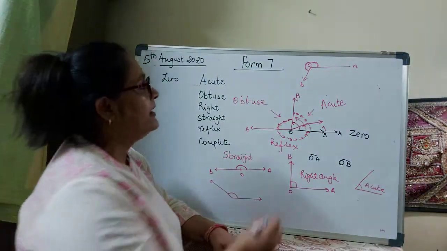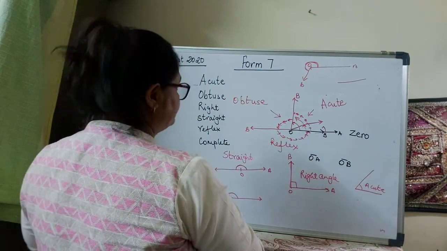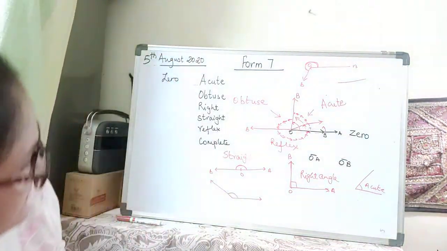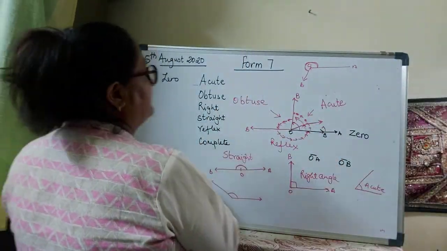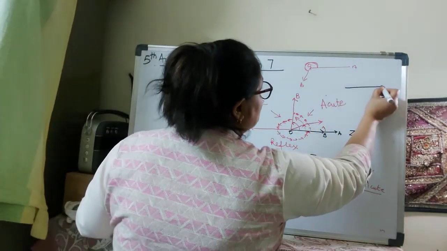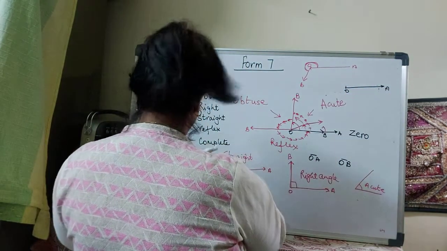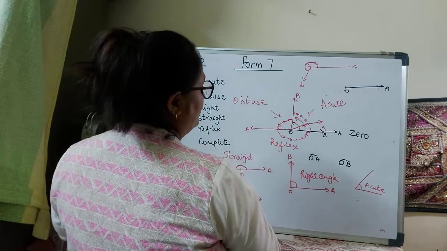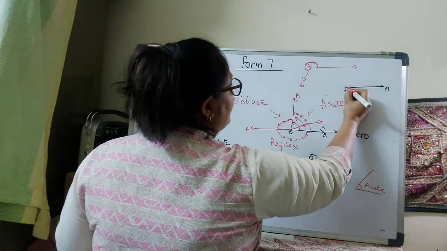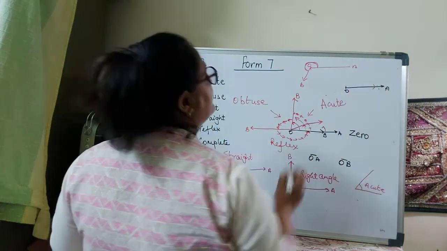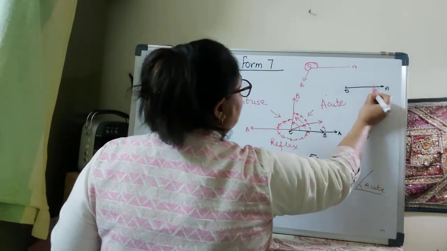Okay? When finally the angle, we had, let me just rub it off a bit. Right. We have a straight line here. This is O, A, OB. OB made a straight line here. Finally, it kept moving, and then what happened in the end? It came on top of AO. So B came here.